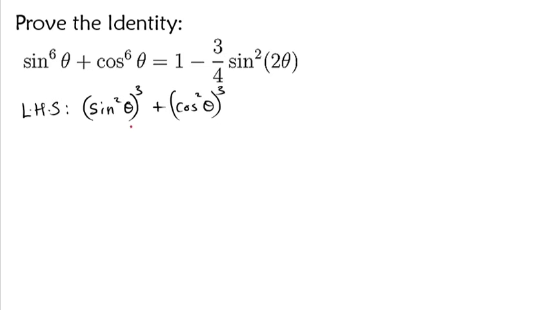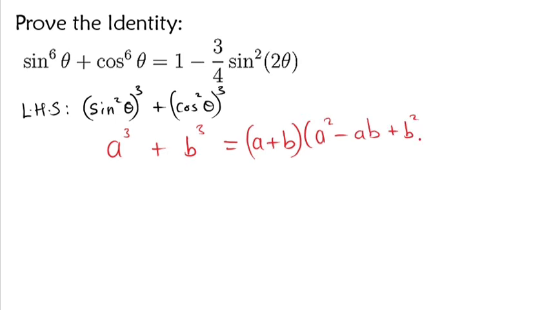Then the concept I want to introduce here is the sum of 2 cubes. If you have 2 cubes, for example, a cubed and b cubed, this gives you the expression a plus b multiplied by a squared minus ab plus b squared.